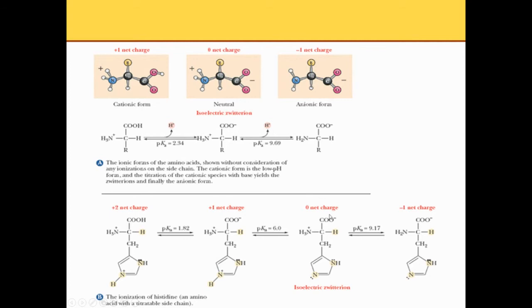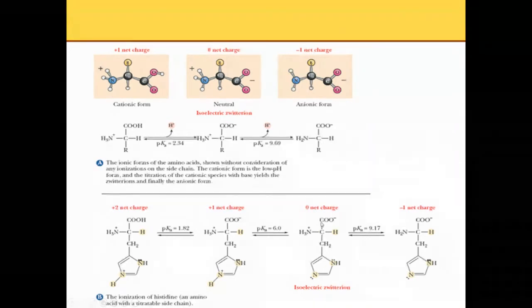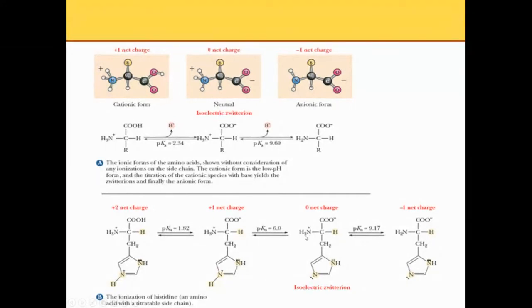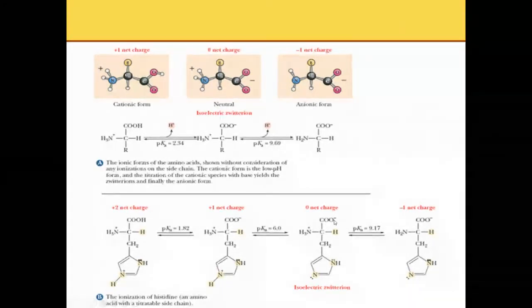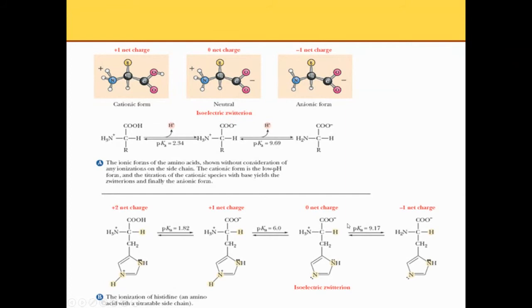And this is the example of histidine. Histidine contains a titratable side chain. At the isoelectric zwitterion, there's zero net charge, with the amino group positive and the carboxyl group negative. If you lose one proton, it becomes a -1 charge.